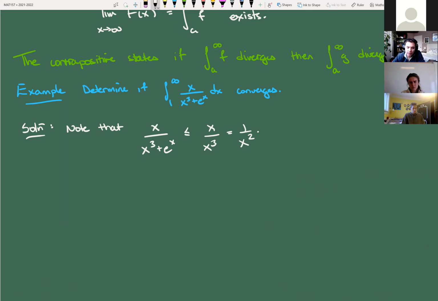Okay, so we get that this is true, right? Just via x over x cubed plus e to the x less than or equal to 1 over x squared, just by some fairly simple manipulation. 1 over x squared converges by the p-test.